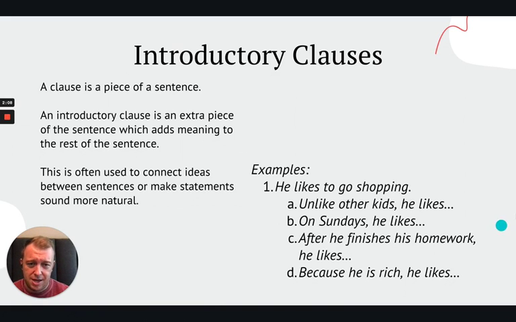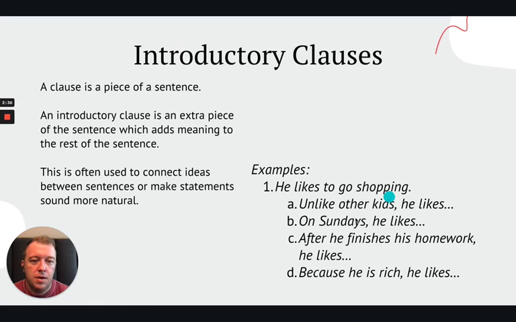So I have some examples here. If we just have a normal sentence like he likes to go shopping, that's fine. This is a clear sentence, it's perfectly grammatically correct. He likes to go shopping. Very clear. Now, if we just list sentences like this, one after the next, again, it's going to start to sound old.